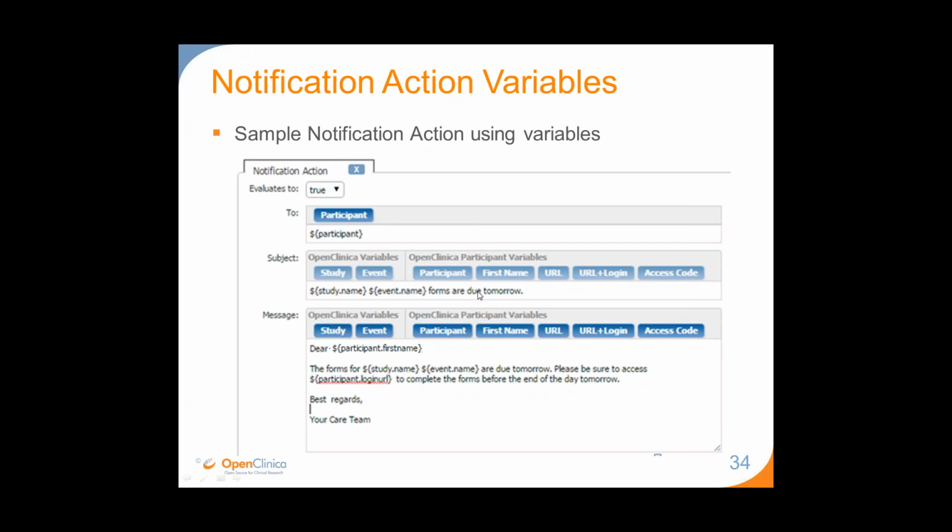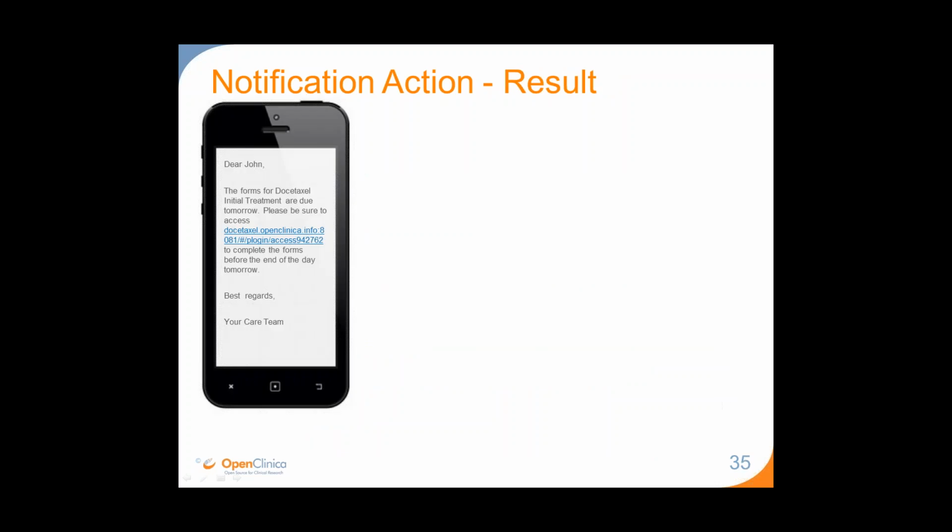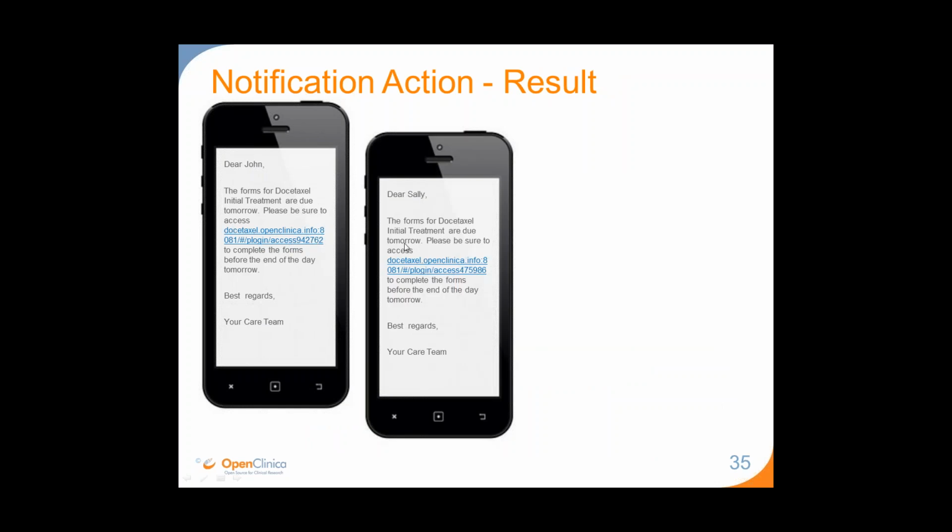So based on this notification action setup, my 3 different participants would get 3 different notifications. John is getting his notification with a link to his forms. Sally is getting a notification with a link to her forms. It's got a different access code.